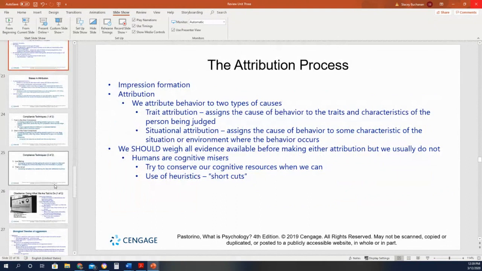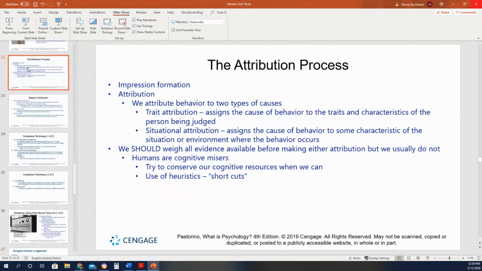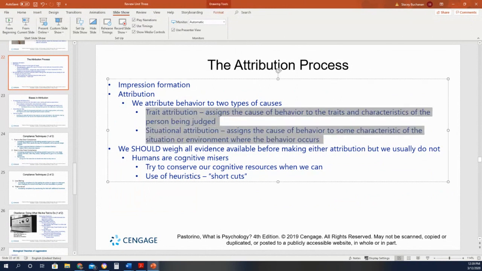So, let's see. Let's hit on the attribution process. Keep in mind that you attribute behavior to 2 types of causes. You either make trait or situational attributions. You assign the cause of their behavior to traits or characteristics, or you assign the cause of behavior to a situation or environment.